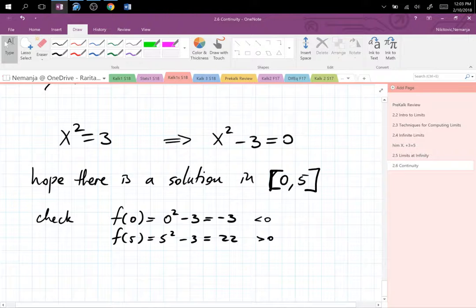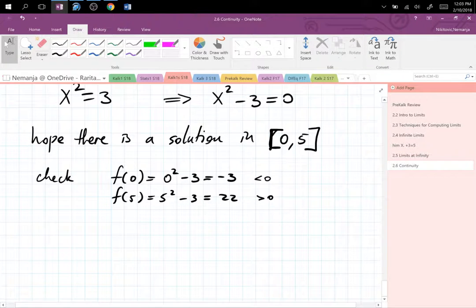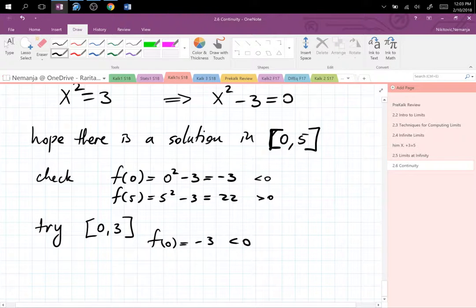Wow, nice. Okay, fine. Let's make this smaller. So you can go with 1 and 4, but don't change one of the sides. So, I don't know, let's cut it in half. Or let's go 0 to 3. Now clearly f of 0 you already have, that's negative 3, which is less than 0.